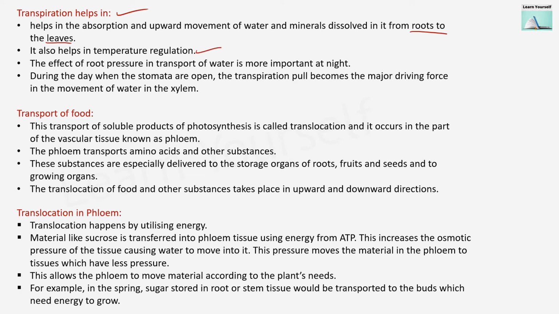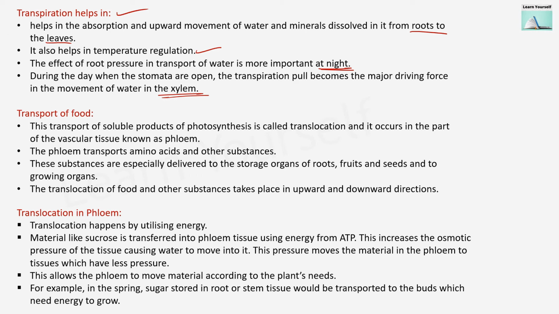The effect of root pressure in transport of water is more important at night. During the day, when the stomata pores are open, the transpiration pull becomes the major driving force in the movement of water in xylem. So this movement of water happens because of this transpiration pull, and because of this only the water will reach till the leaves.